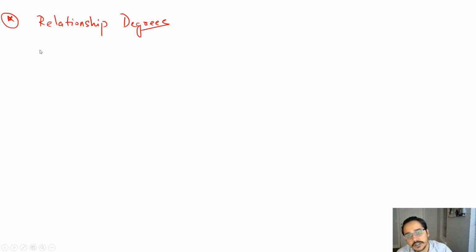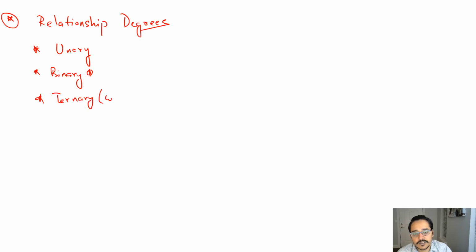The first one is a unitary relationship, a binary relationship, and then a ternary relationship. And this is conceptual, because you need to make changes to it in order to implement it directly.